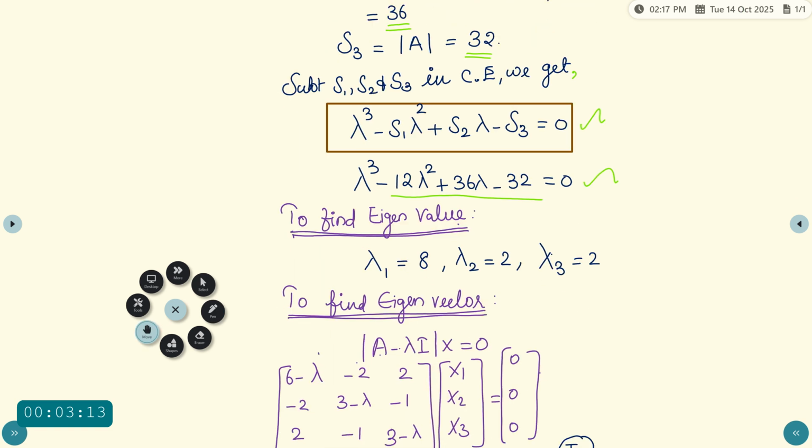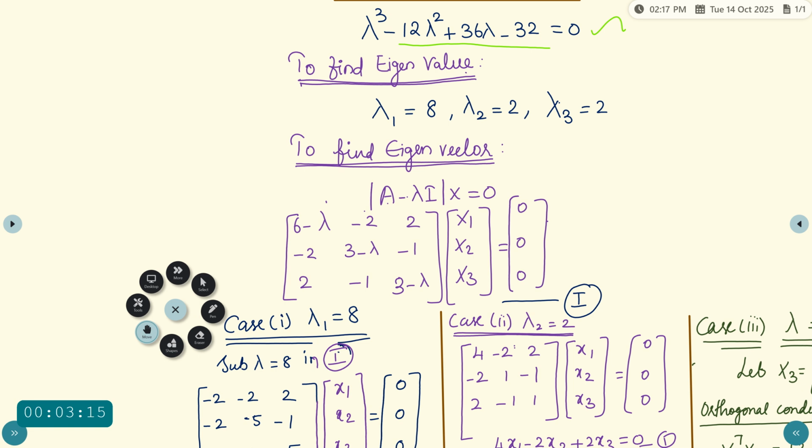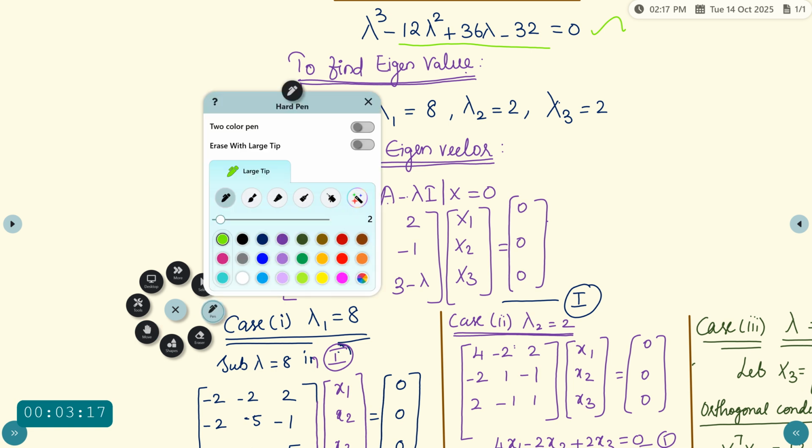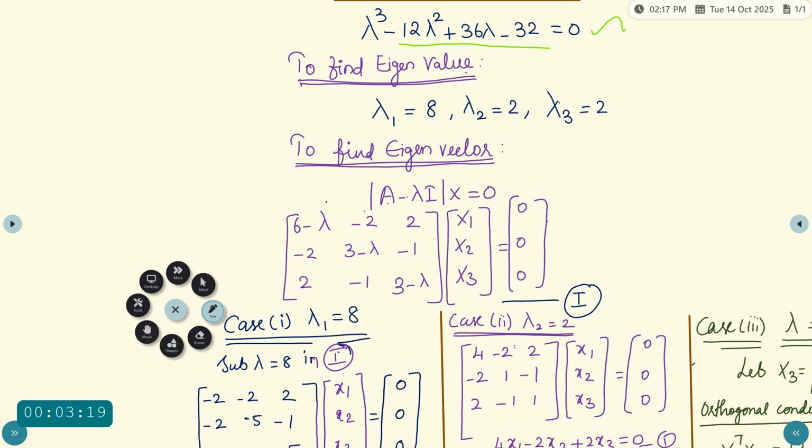Next, you use your calculator. We go to the equation mode and substitute all the values: A equal to 1, B equal to minus 12, C equal to 36 and D equal to minus 32.